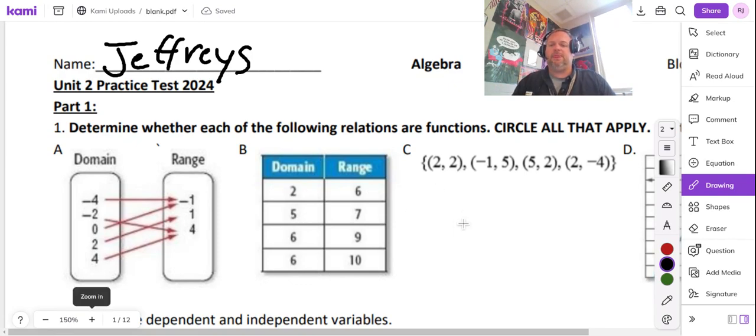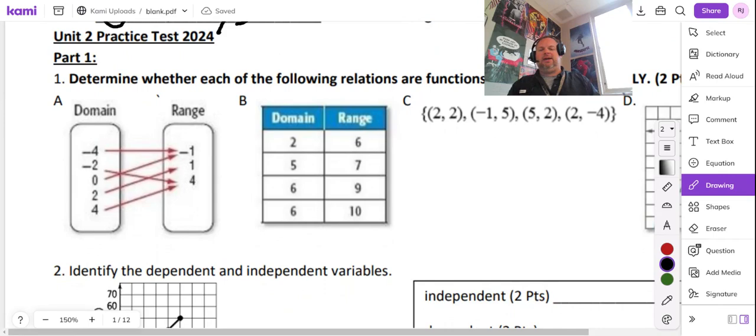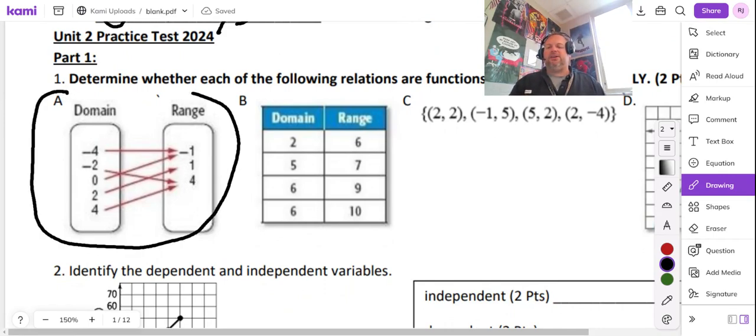So let's see. Now, I'll try not to have one like A. I don't really like it that much. But A is actually a function because if you look at your X values, it only has one arrow going from it.